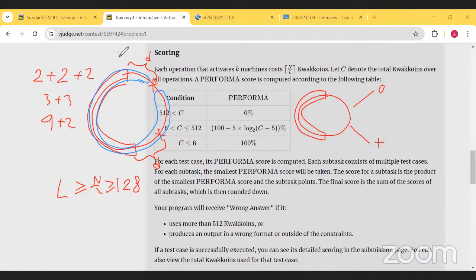And of course the cost is 2. So the total cost will be just 2 plus 2. The cost is just 4 coins. Okay, you got it?